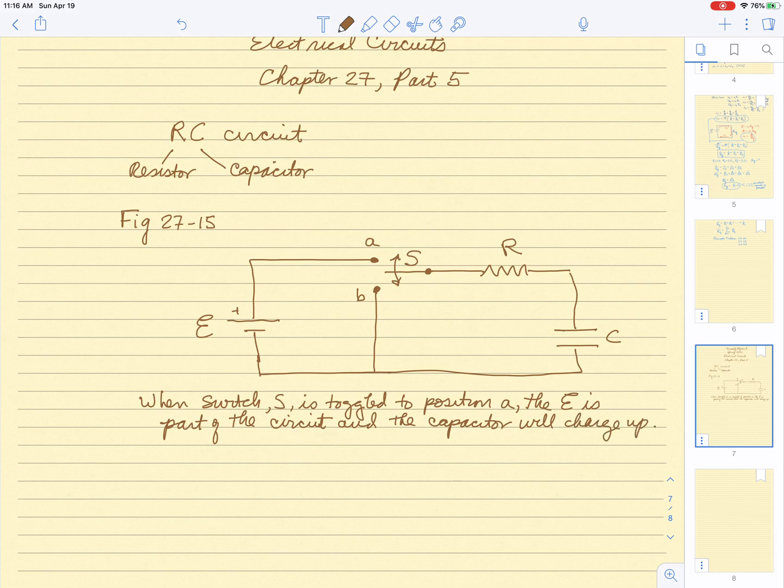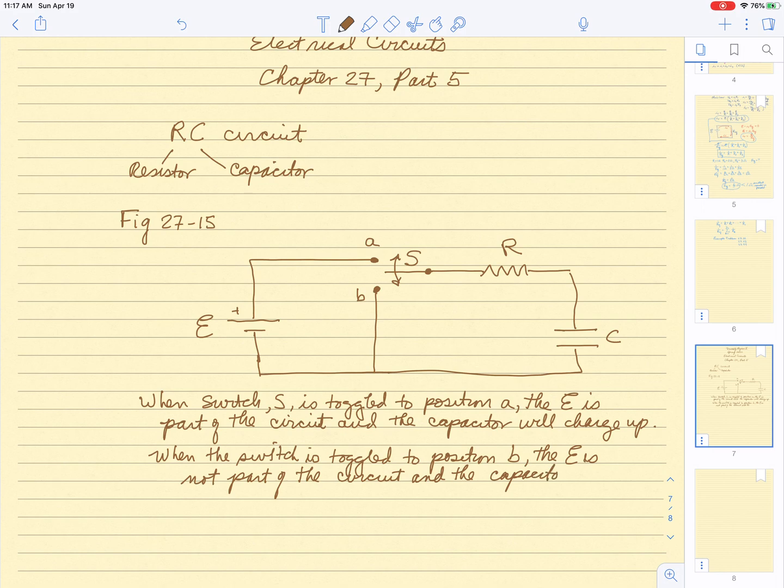Okay, and then when the switch is toggled to position B, the EMF is not part of the circuit, and the capacitor will discharge.